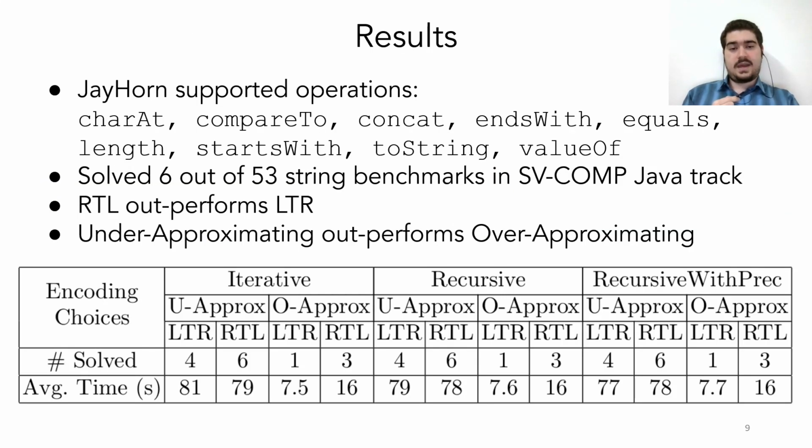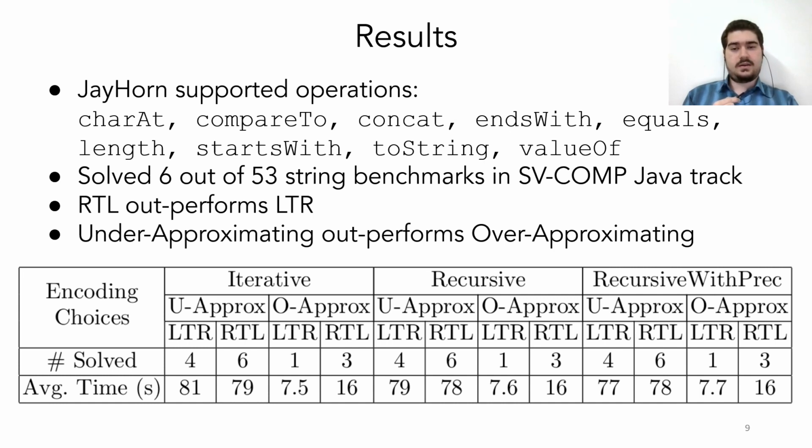JayHorn supports some basic string operations now, but it is not supporting more complicated operations related to substrings and regex matches. In SV-COMP, it solved 6 out of 53 string benchmarks. In this table, you can see JayHorn results using different encoding choices.